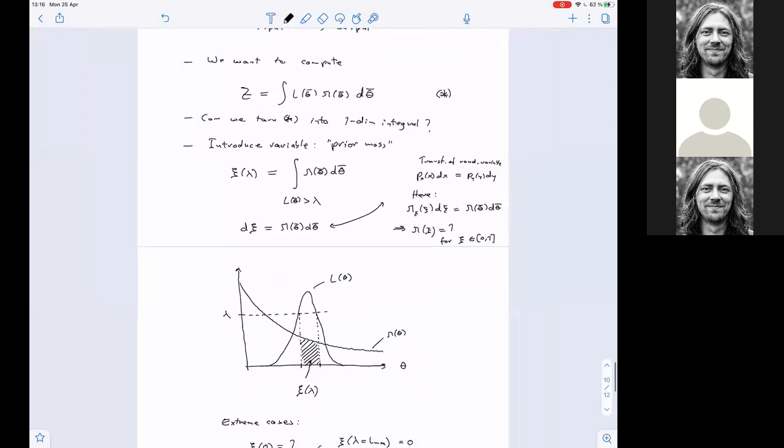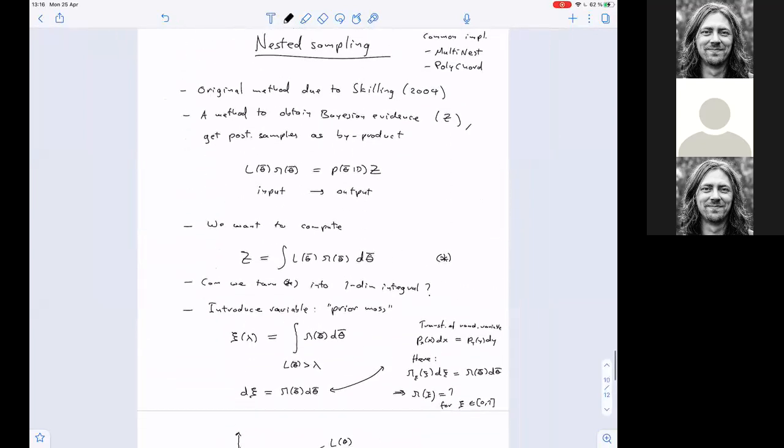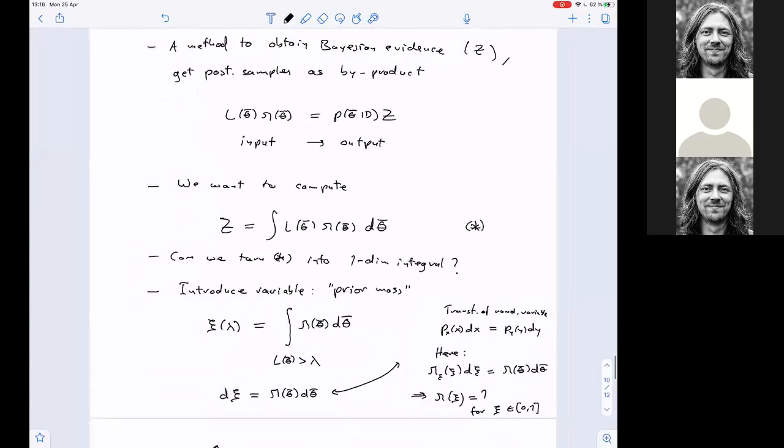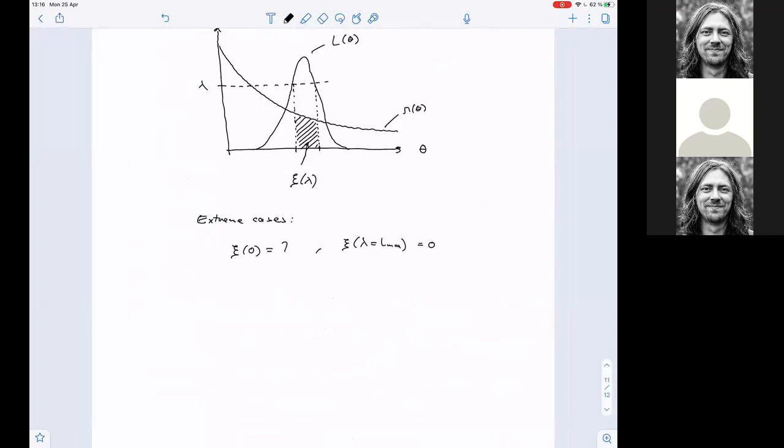So we have introduced this concept of the prior mass, and the idea behind it is turning the high-dimensional evidence integral into a one-dimensional one. Because one-dimensional integrals are easy to do. And the thing to note about this psi, this prior mass, is that it's a one-dimensional function, but it's a decreasing function of lambda, right?